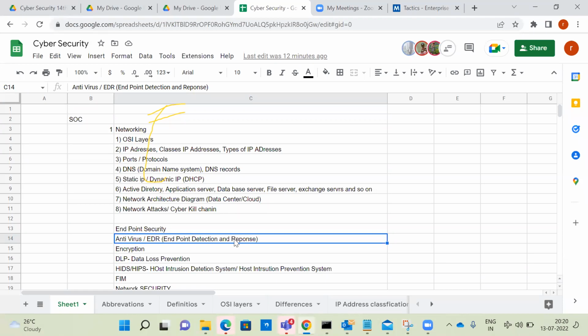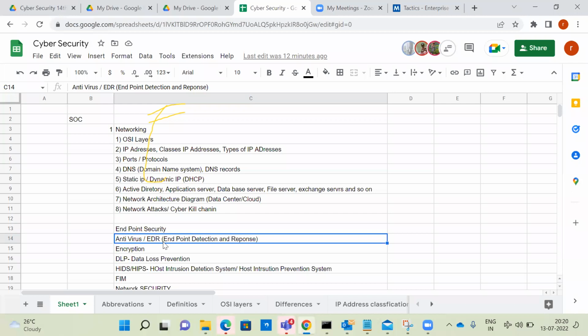We can discuss that in future. So what exactly did I discuss in our concept? As I said, the MITRE framework or MITRE ATT&CK integrates with the EDR tool, which is nothing but an antivirus tool.